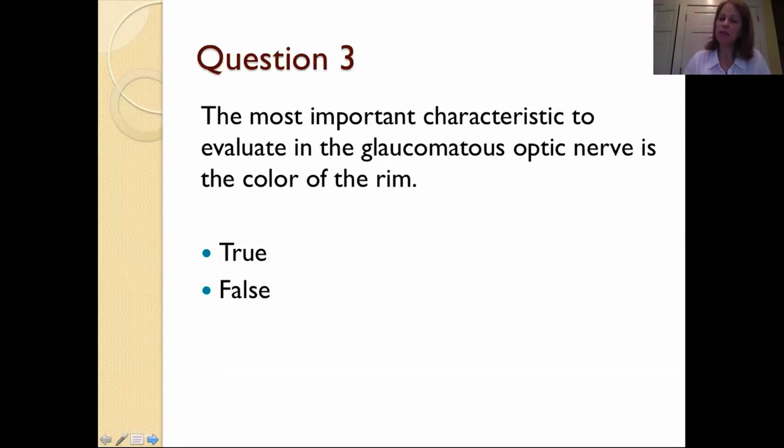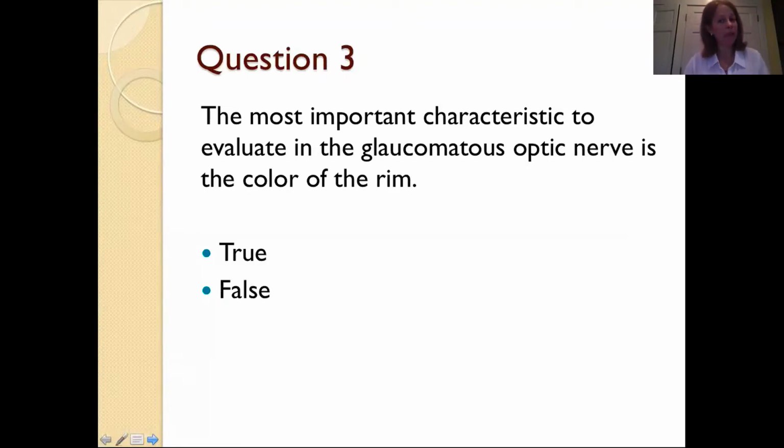So the color of the rim is important to look at, but it is by far one of the least important things to look at in an optic disc for glaucoma. You want to look at the rim tissue itself, and at the topography of the optic nerve, where the rim tissue is, how thick it is, rather than the color. So color is not a good indicator.